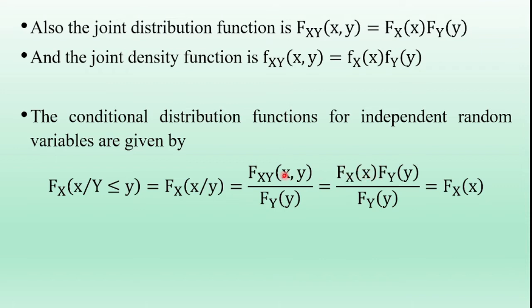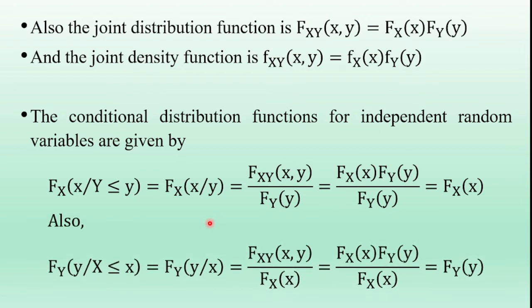Applying that condition here, in the numerator and denominator F_Y(y) cancels. The remaining term is F_X(x), the marginal distribution function of the random variable X. So F_X(x | Y less than or equal to y) is equal to F_X(x).